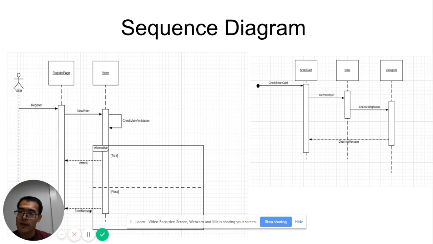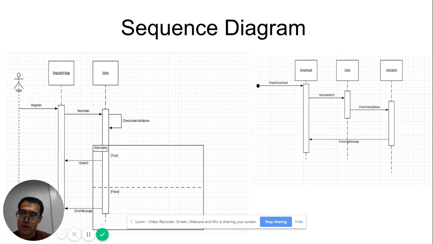On the website, the voter fills in his ID, and the web page calls the voter object, which has a method to check the ID. If this voter is valid, then the object returns true.